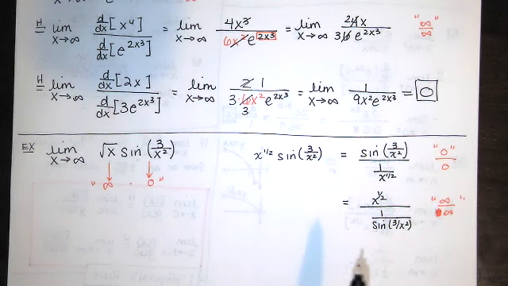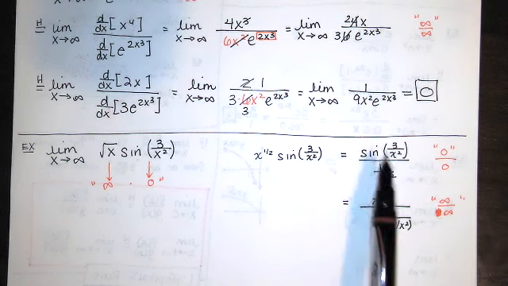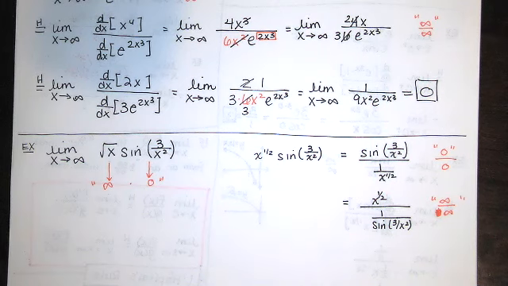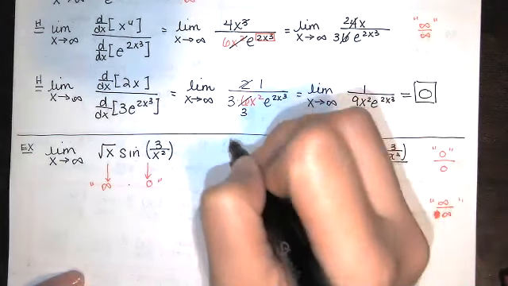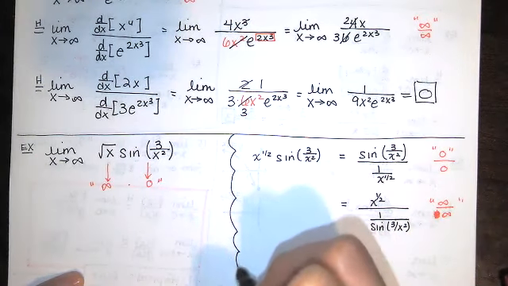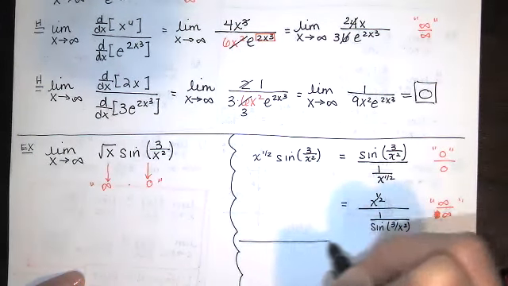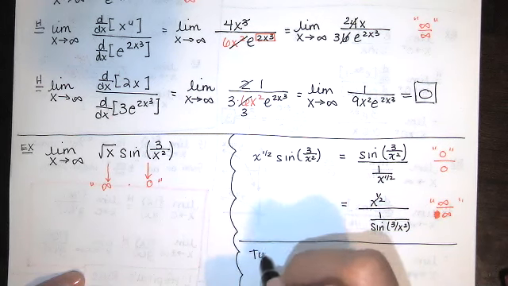So that's actually an infinity over infinity indeterminate form. So you have options. You can either rewrite it this way or this way. So let me write it out, sort of a guideline for you. To eliminate a 0 times infinity indeterminate form, this is what you should do.